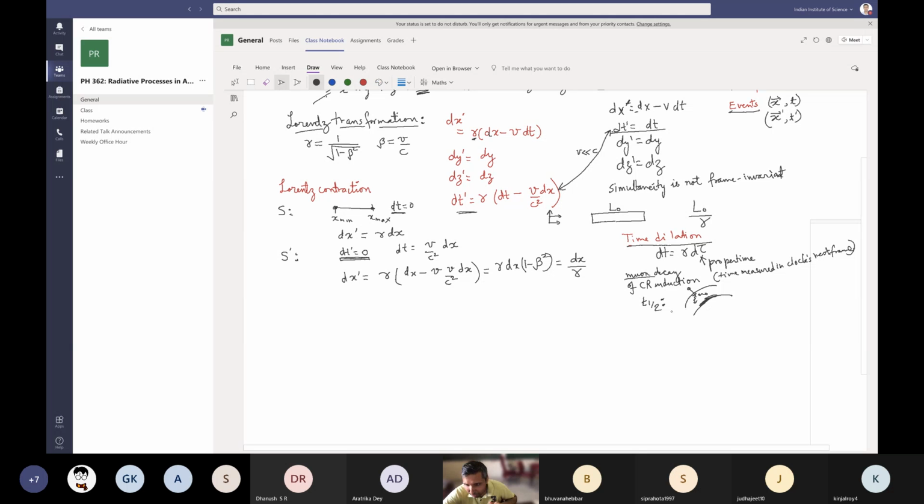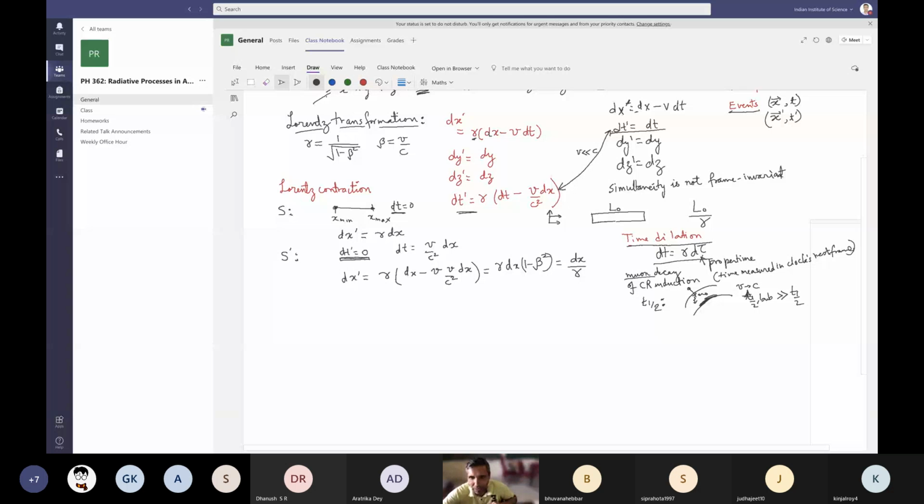But because these muons are moving very close to c, because of time dilation, the half-life measured in the lab frame, which is the Earth frame, is actually much longer than the half-life in its own rest frame. So a significant flux of muons was observed on the ground, and it was consistent with this formula. Okay, so this is actually the idea.